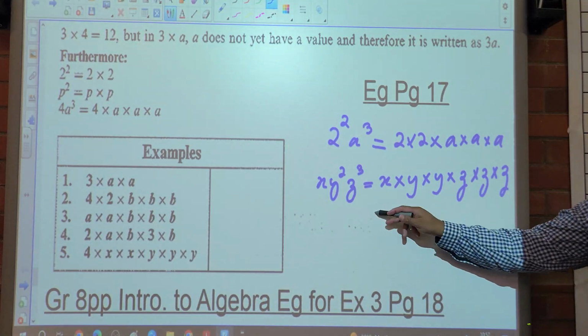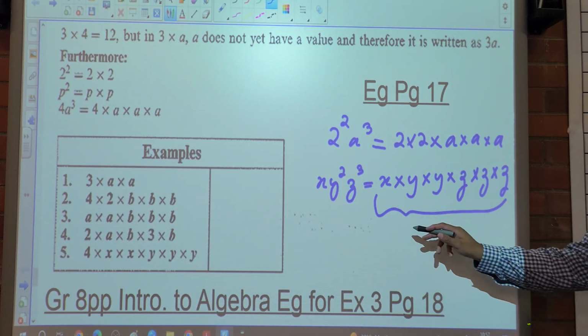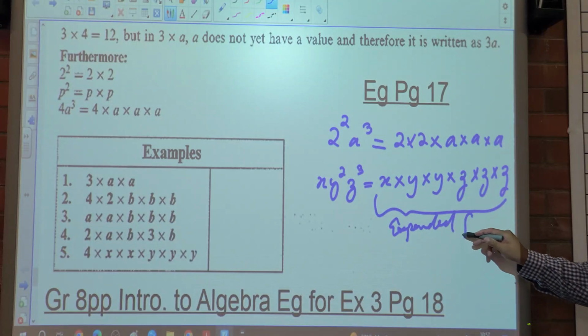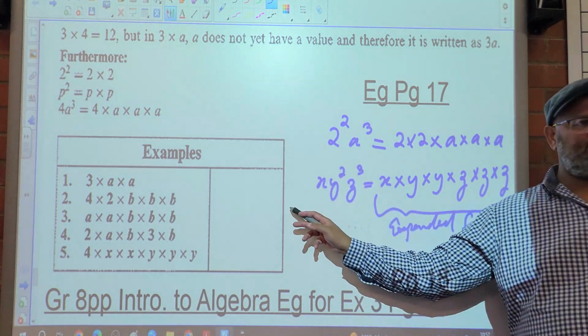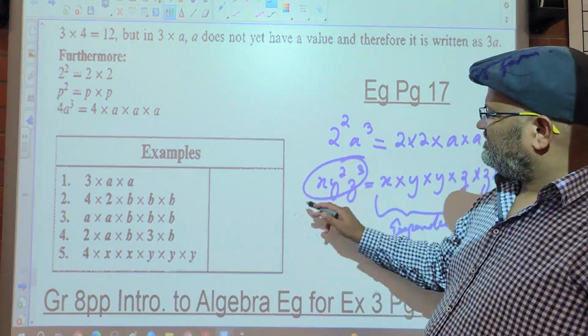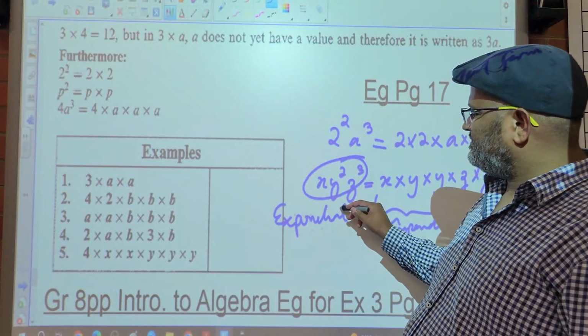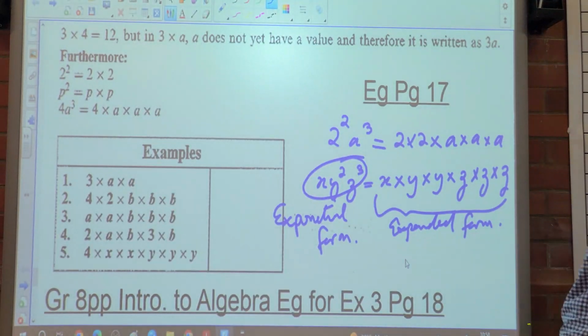And what do we call this form? Expanded form. And this is your exponential form. Exponential and expanded form.